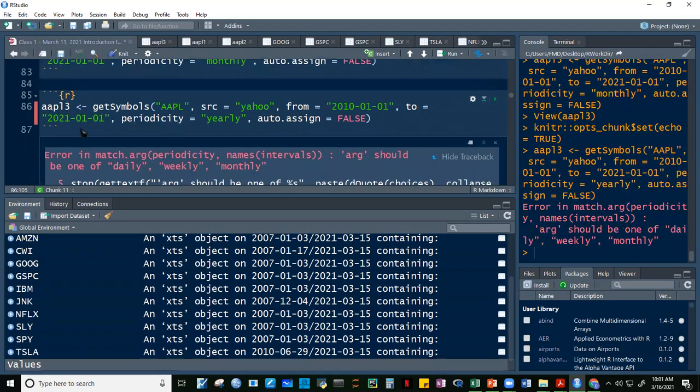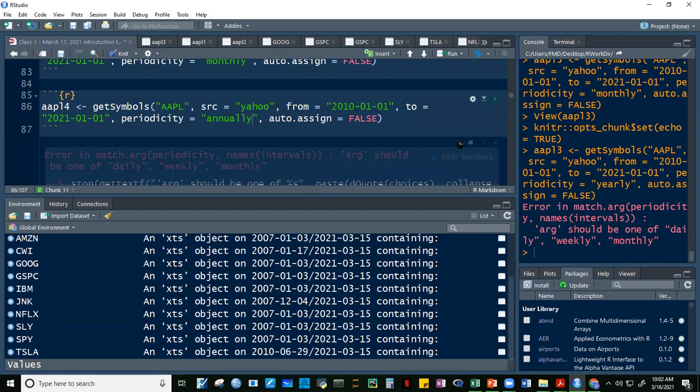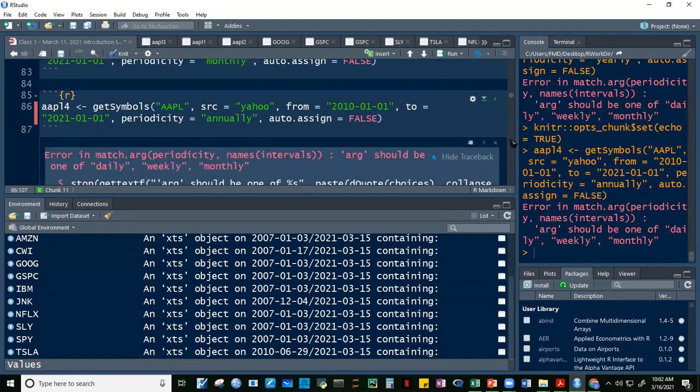Ay, sorry, mali. Apple 4 dapat, no? Yearly ba? Ano bang annually? Tama ba to, guys? Okay, error. So, how do you get the periodicity niya?